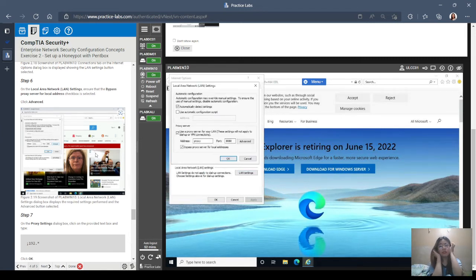On the LAN settings, ensure that the bypass proxy server for local addresses checkbox is selected.